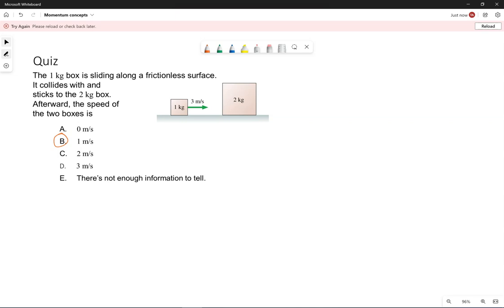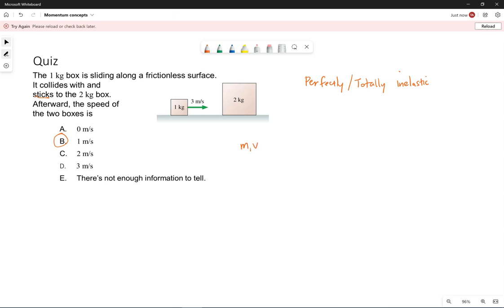So when they stick to each other, just as a reminder, this is called perfectly or totally inelastic. Momentum is conserved because the reason the 2 kilogram box moves is because it's getting pushed by the 1 kilogram box.